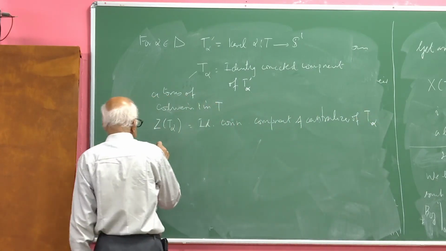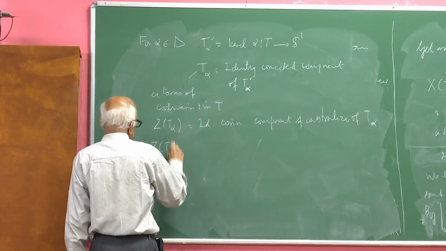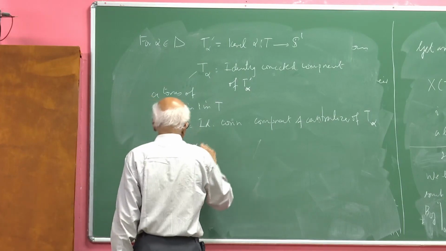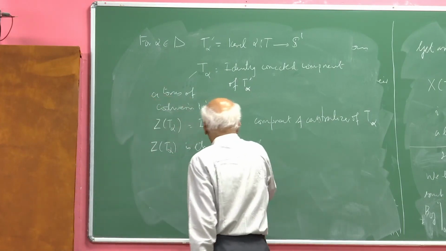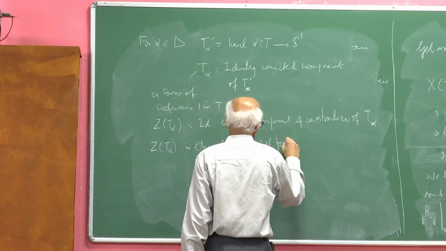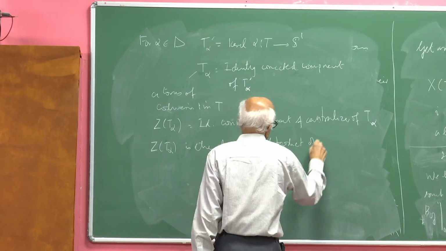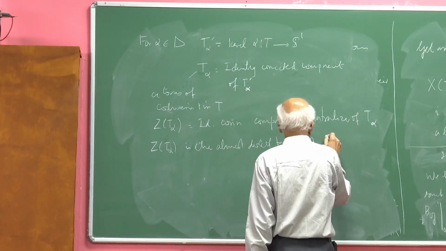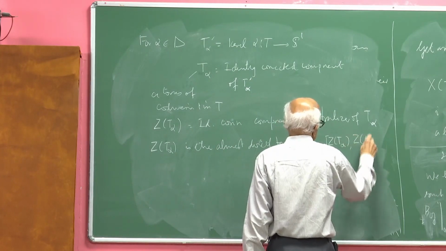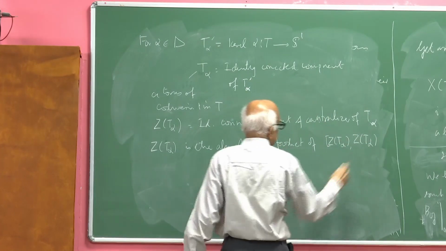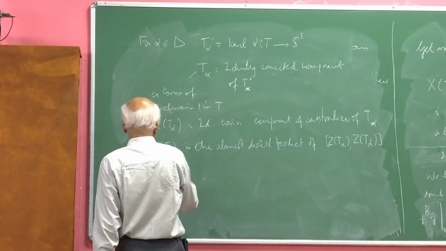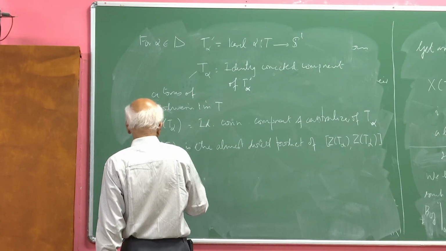Then we know that ZT alpha is the almost direct product of the commutator subgroup and T alpha.